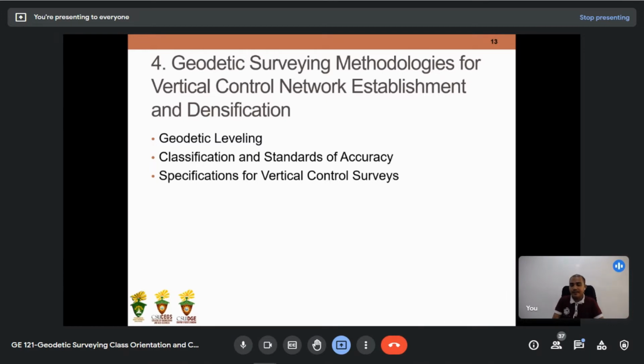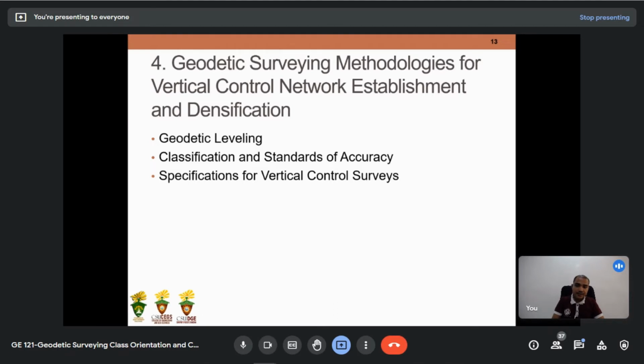Since we have finished horizontal, we will discuss vertical, which is all about the methodologies and different processes on how we are going to establish or densify the vertical control networks in the Philippines.